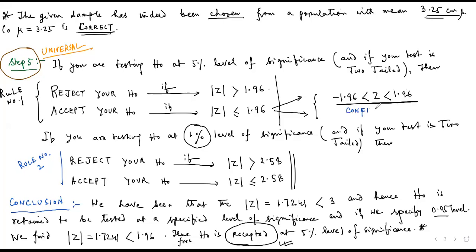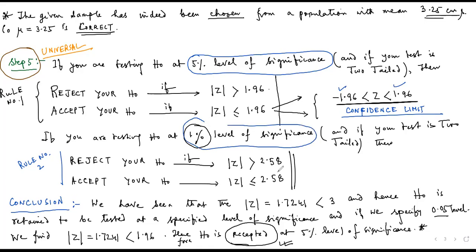Confidence limit is the limit for which you accept your null hypothesis. So if 5% level of significance is selected, your confidence limit will become this. If 1% level of significance is selected, your confidence limit will be this. So level of significance and confidence limit are complementary to one another.